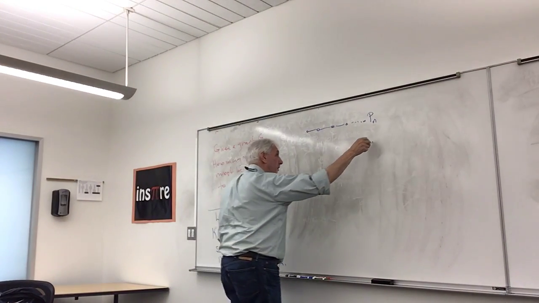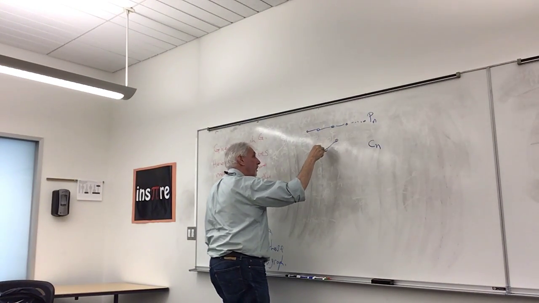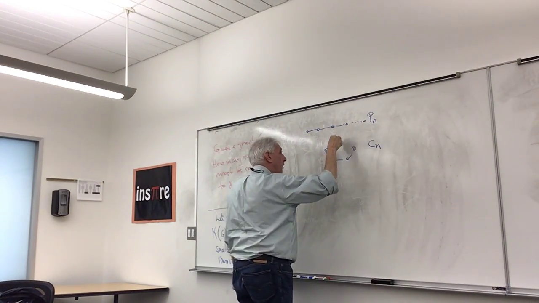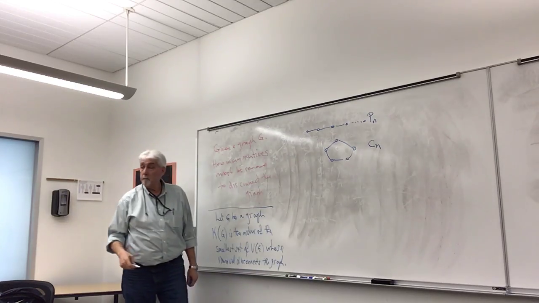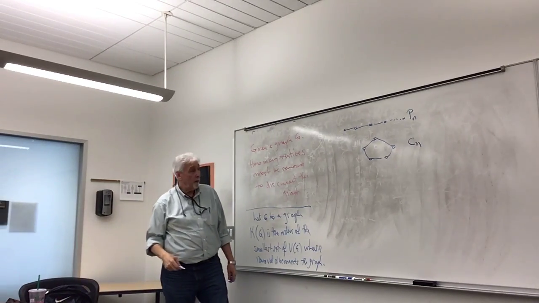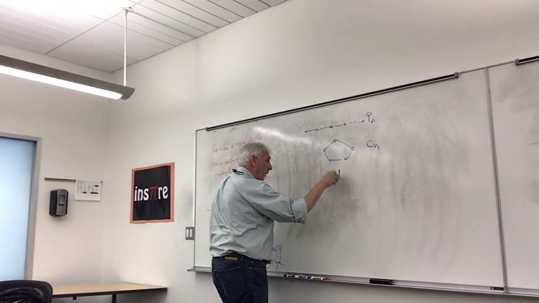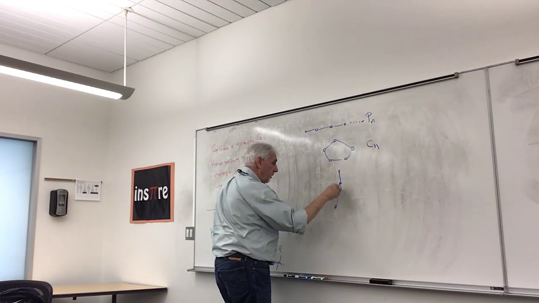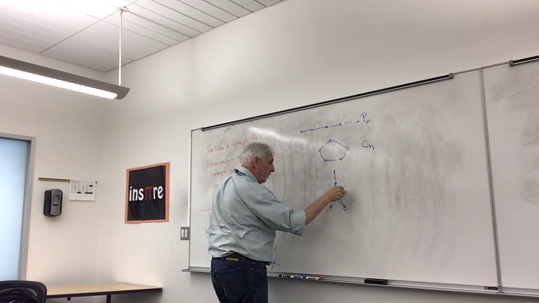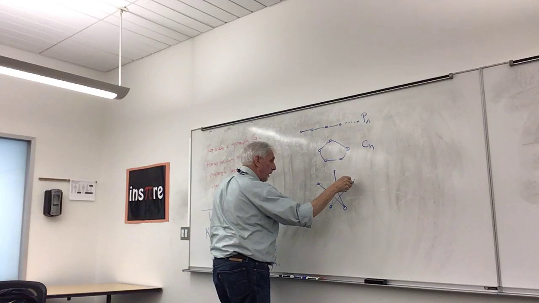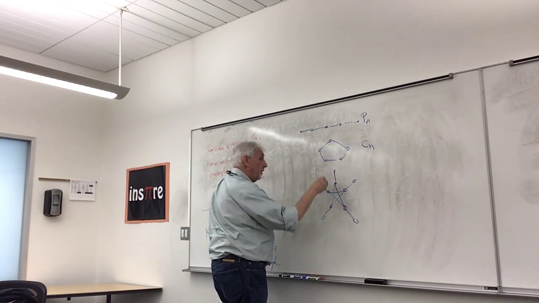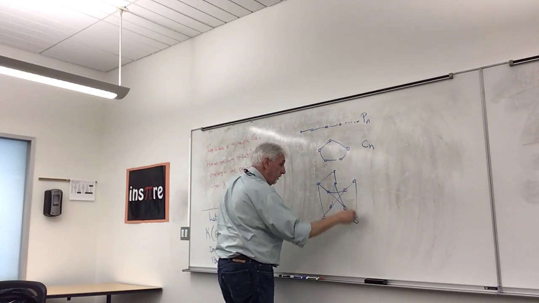What about C_n? 2. Okay. By the way, we haven't put this up in a while. What about the Petersen graph? 1? Did someone say 1?